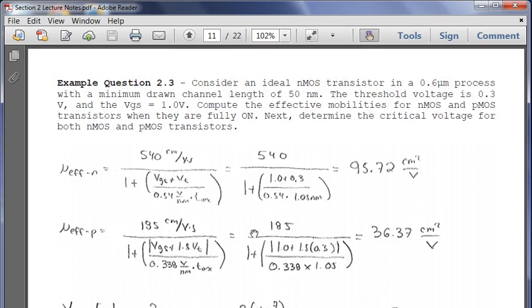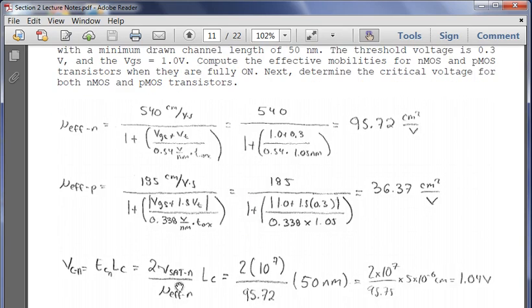We defined 10 to the 7 as our velocity saturation of electrons, which is given on your equation sheet for your exam. And we take this 95.72, we substitute here, multiply by 2. We then multiply the length, we have 50 nanometers. To make the units work, we convert that to 5 times 10 to the negative 6 centimeters.